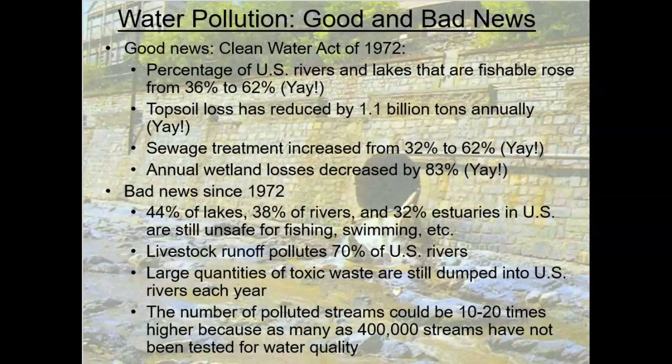And there's still a problem of livestock runoff, so animals, particularly beef cattle, pigs, chickens, there's not sewage treatment plants where these animals have been raised, and so this creates a problem of what do you do with all that sewage that comes from that type of agricultural industry.